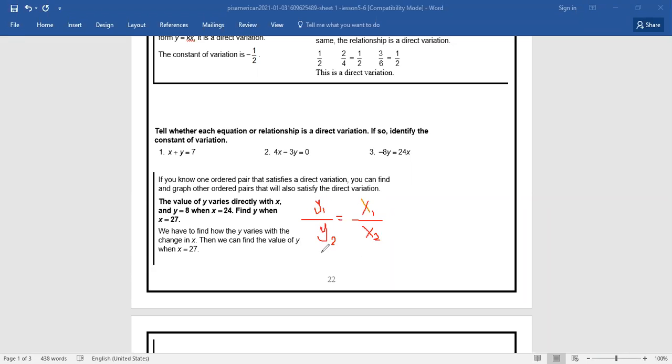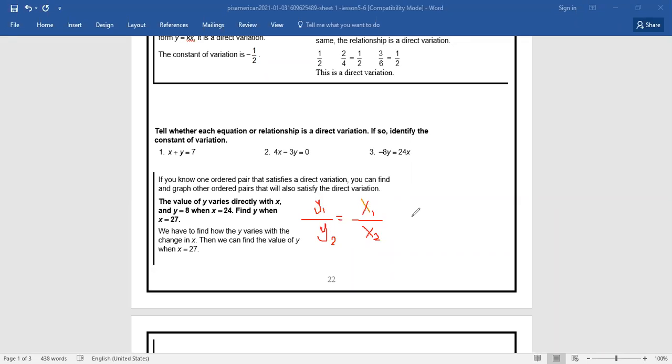Then we will start to replace. So this is the second method. In the first method, we formed the equation already, and then we started to replace the value of x and the value of y. The other method is y1 over y2 equal x1 over x2.